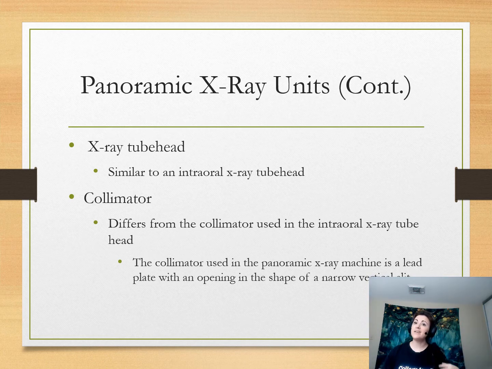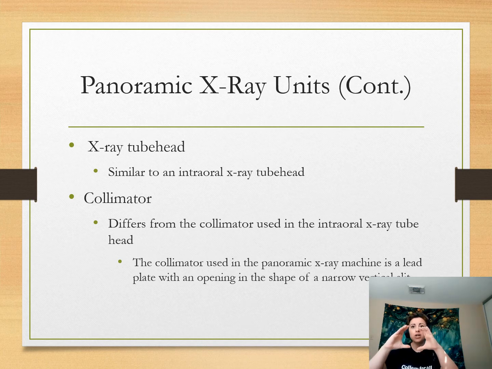The collimator is really the biggest difference between the x-ray tube head for intraoral and the x-ray tube head for extraoral radiographs. And it differs, you might see this on your board exams, by the way, in that it is a tiny, narrow slit where the x-rays are able to escape, right? And that's important because remember, we're using tomography and the x-rays all have to overlap one another.